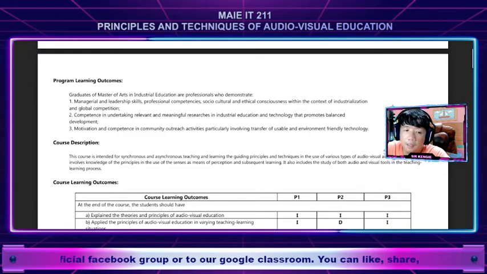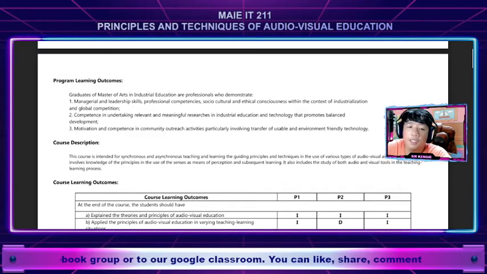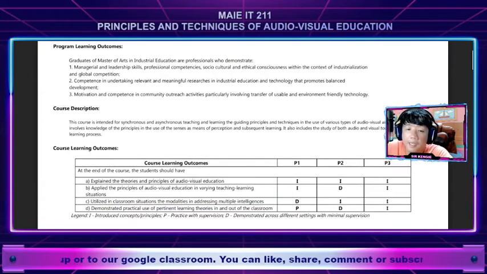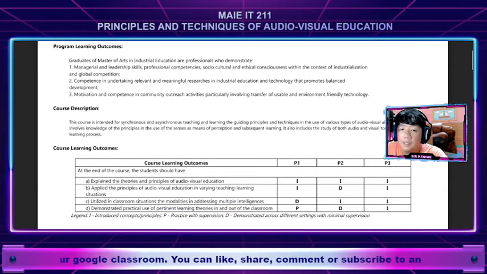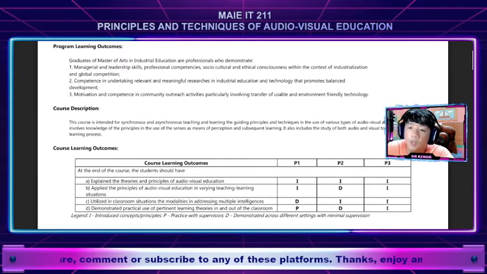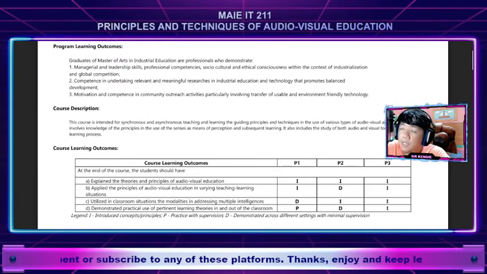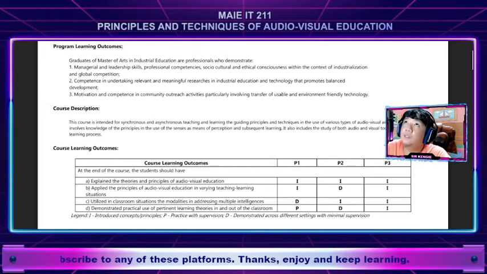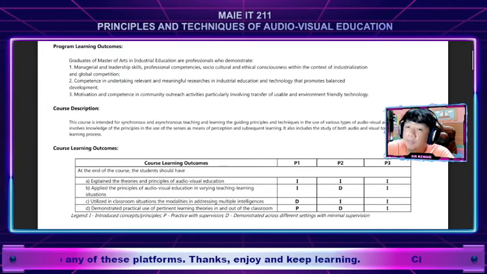So this is synchronous and asynchronous teaching and learning, the guiding principles and techniques in the use of different multimedia, because audiovisual education can also pertain to MBE.